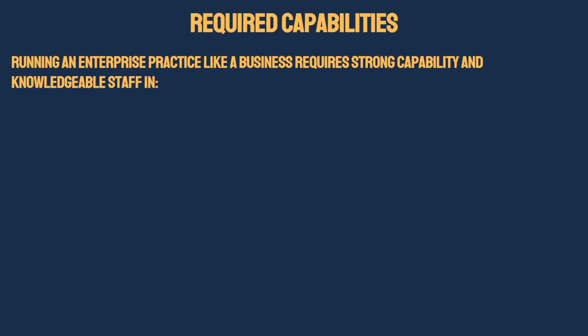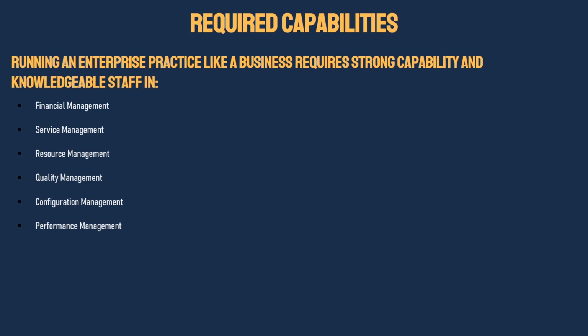Running an enterprise practice like a business requires strong capability and very knowledgeable staff. Typically, the staff have to be in financial management, service management, resource management, quality management, configuration management, performance management, risk management, communications and stakeholder management, supplier management, and environment management.